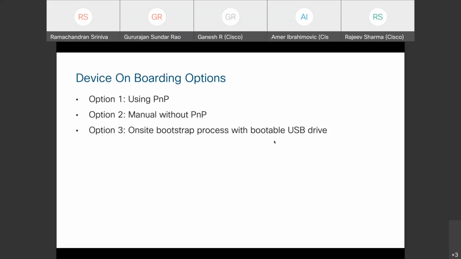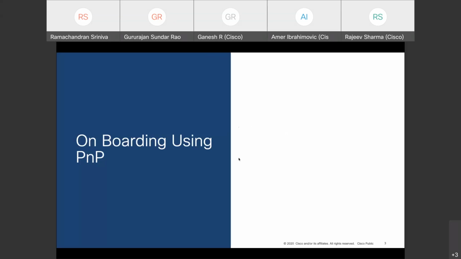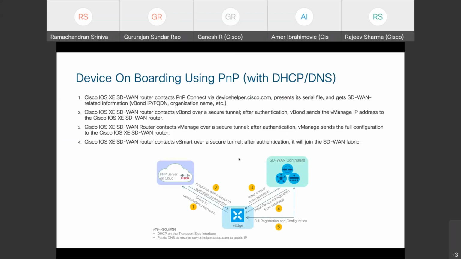Okay, so we'll focus on each of these one by one, starting with onboarding using PNP. There are prerequisites. The assumption is that we have DHCP and DNS configured, so the transport-side interface gets an IP address assigned by DHCP, because it's going to be zero touch.